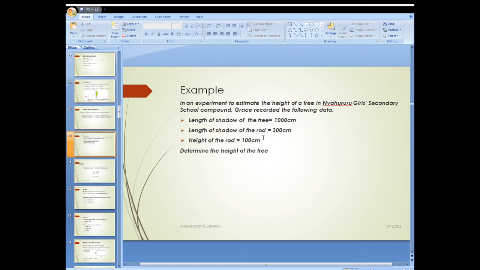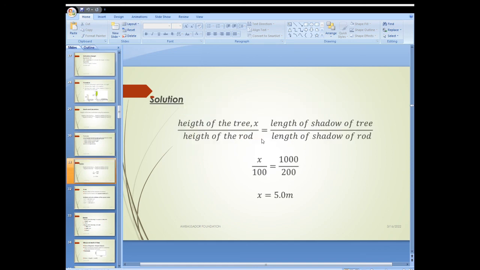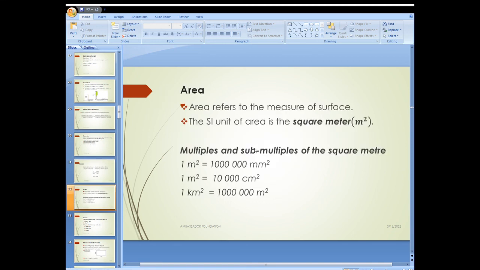Determine the height of the tree. Simply apply our formula that we just mentioned earlier. Height of the tree over the height of the rod should be equal to the length of the shadow of the tree over the length of the shadow of the rod. Simply follow that one, then you will get the height of the tree to be 500 centimeters, or simply 5 meters. So that is it.